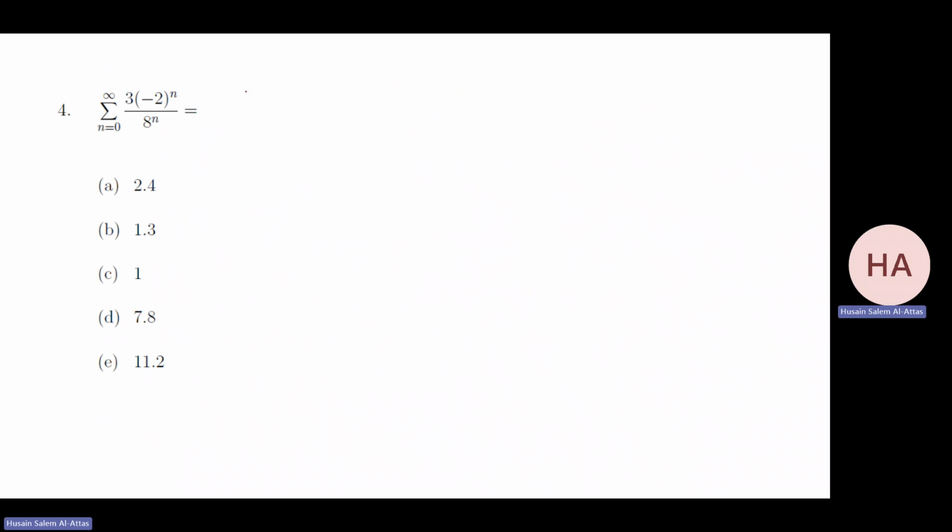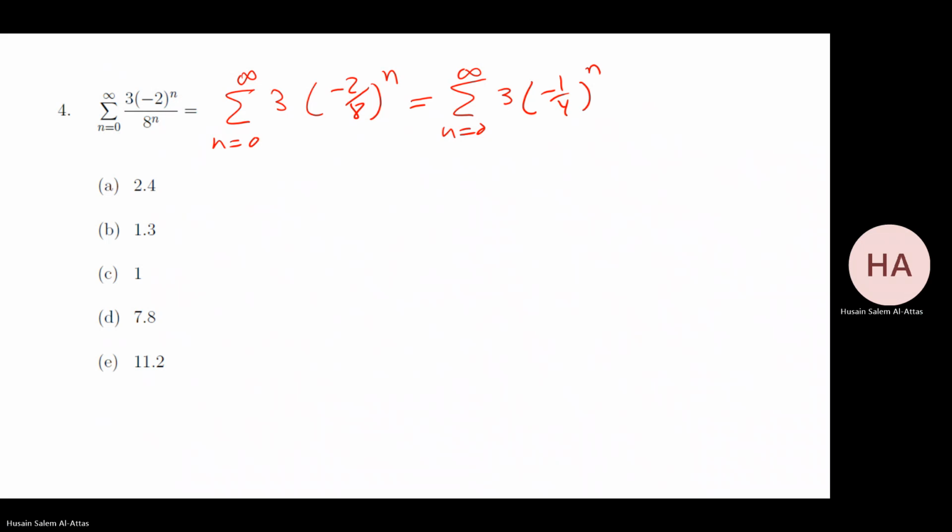This one is what? n equals 0 to infinity, I have 3 minus 2 over 8 to the power n. So it will be summation n equals 0 to infinity, 3 times minus 1 over 4 to the power n. What will be A? A will be at n equals 0, it will be 3.